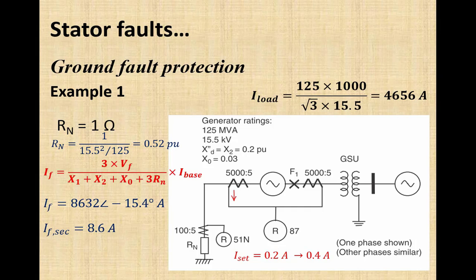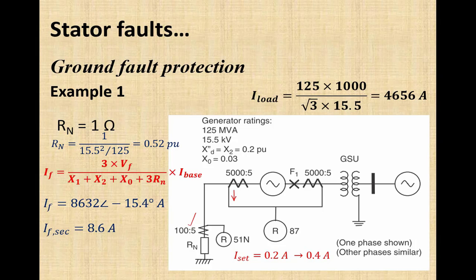It means the differential relay that we are using to provide protection against the stator phase fault can also detect the ground fault, because in this condition the fault current is still sufficiently higher than that. Let's see what is happening here in the neutral connected CT.